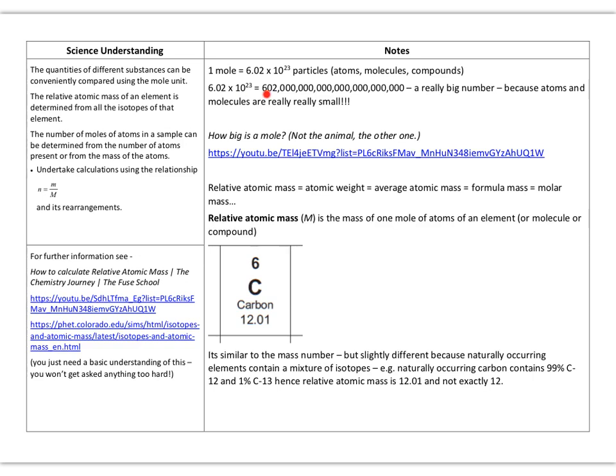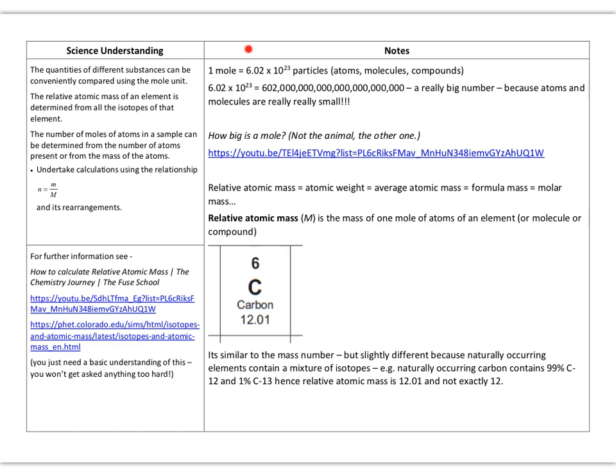The reason that I guess is such a big number is because atoms are really, really, really small. So when we're dealing with the amount of atoms that might be happening in a reaction, we are dealing with really, really large numbers of atoms. And it is not practical to always be using such large numbers.